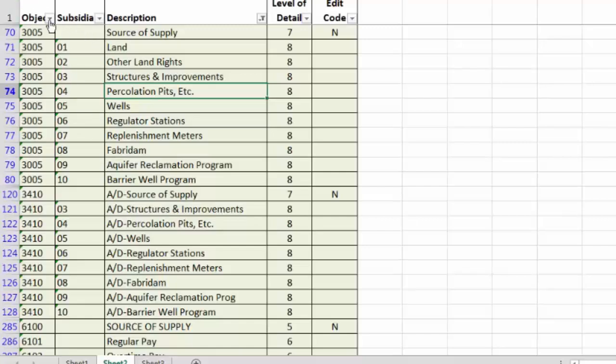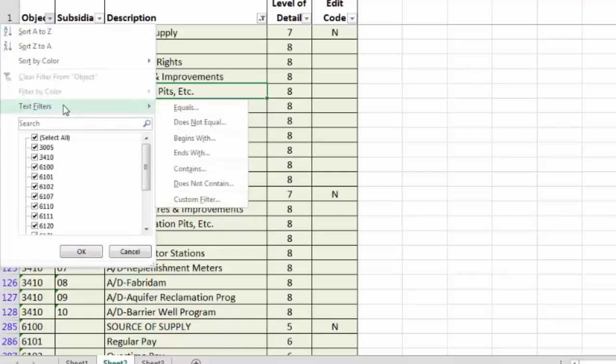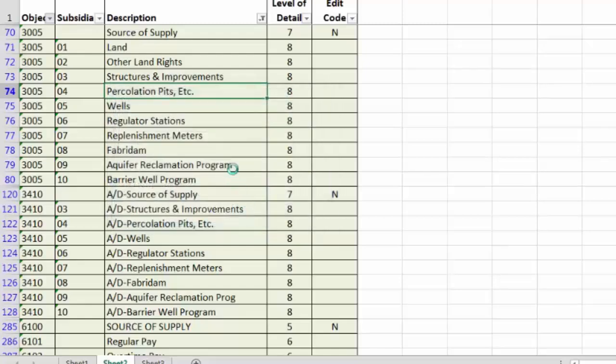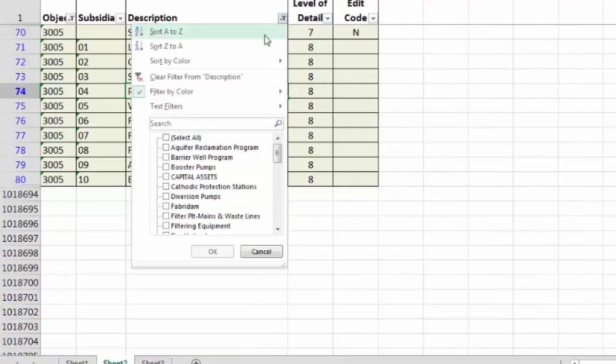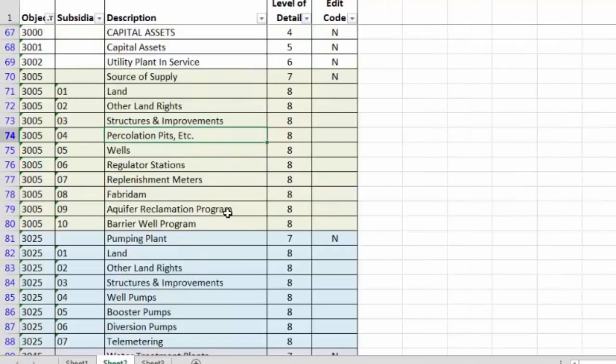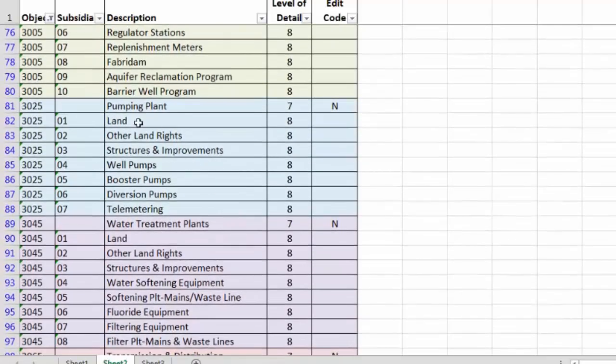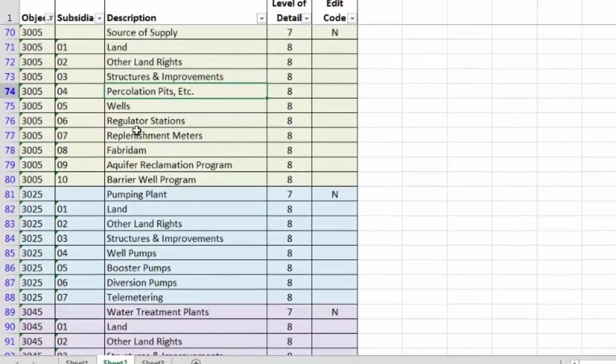Additionally, I'm going to filter this a different way. I'm going to say this begins with 30, and I'm going to take off the color filter. And I want to show you that each of these is exactly the same, except in cases where I'll have assets that are applicable to one particular division but not another.